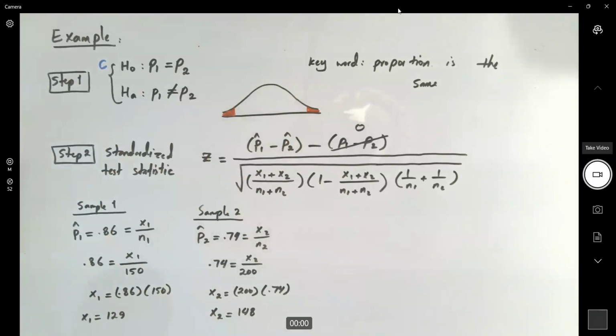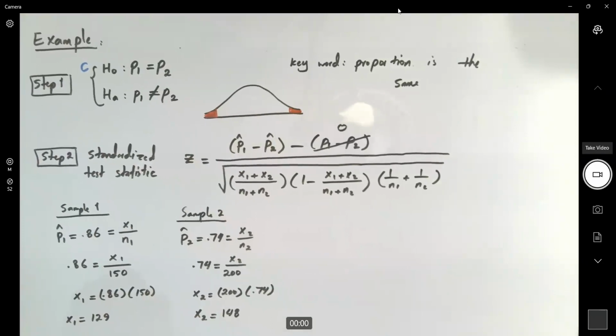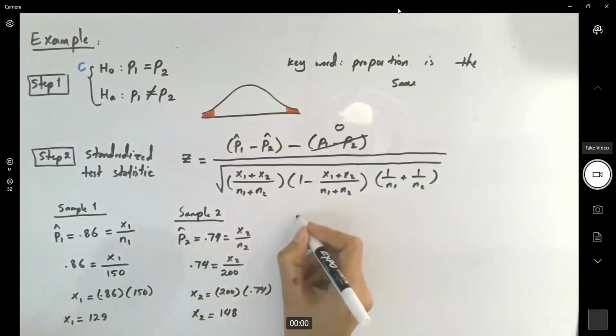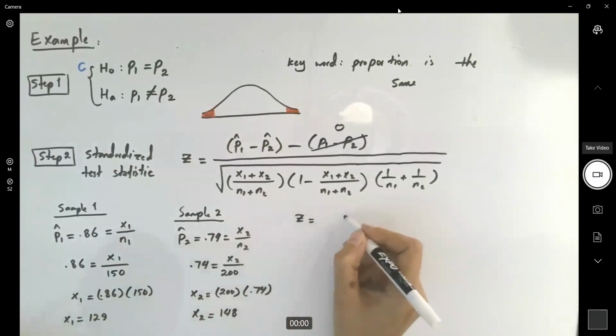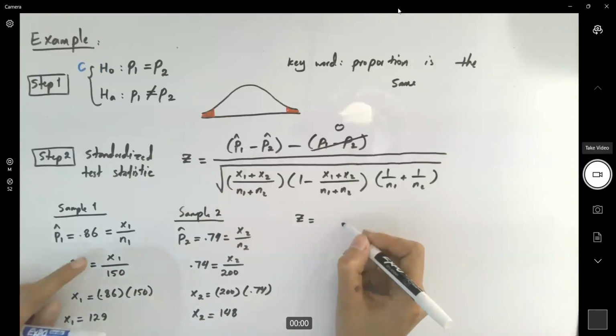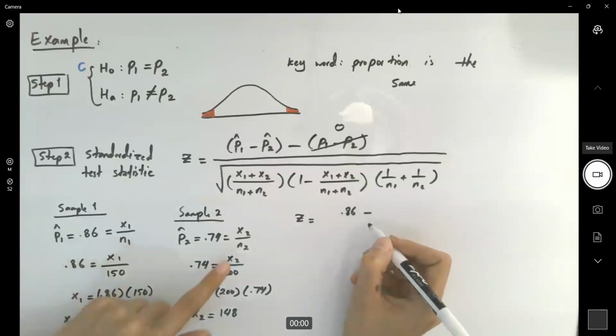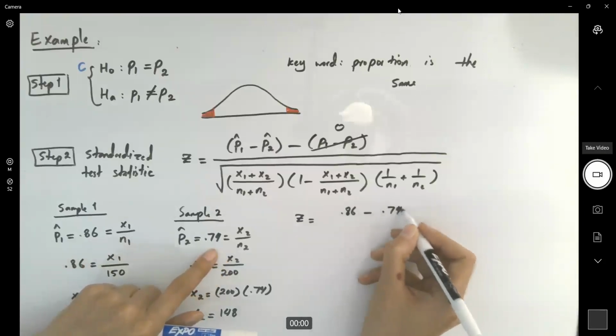Let me move this board a little bit here so we can write for z. Z is equal to P1 hat, which is 86%, minus P2 hat, which is 74%.